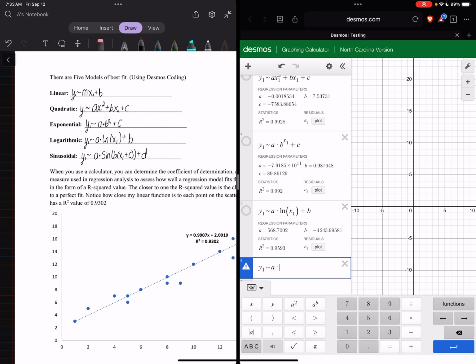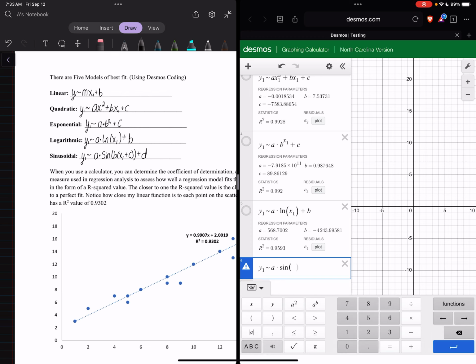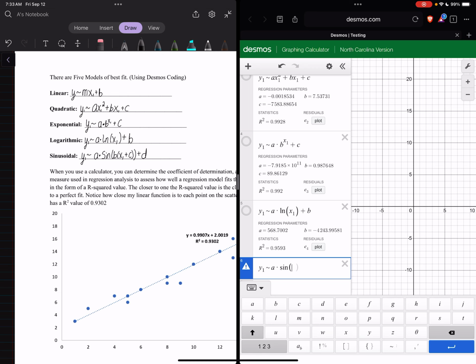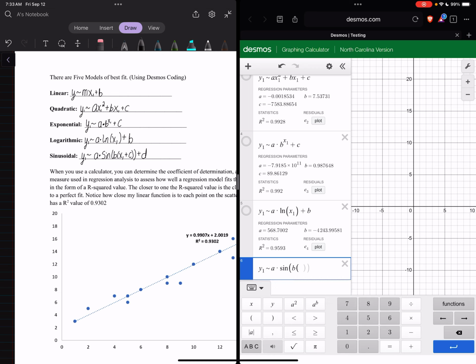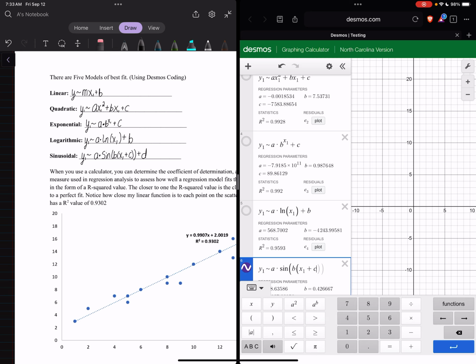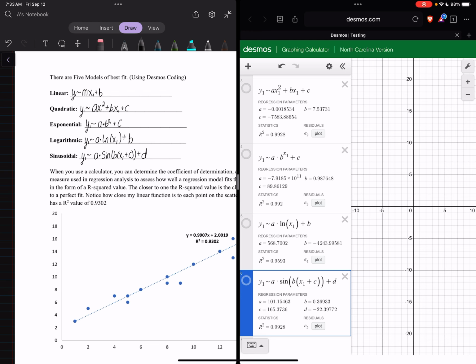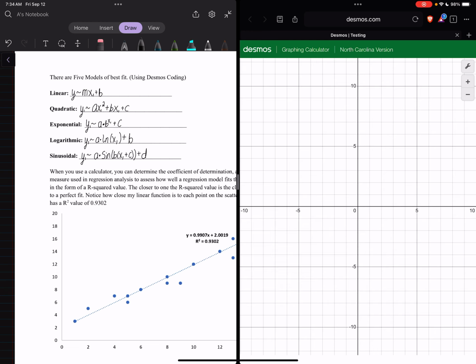A times sine of B, and I like putting an extra parenthesis here to get the horizontal translation easily. Plus C plus D. Okay, there's all my functions typed in. Now I'm going to hide that for a minute.